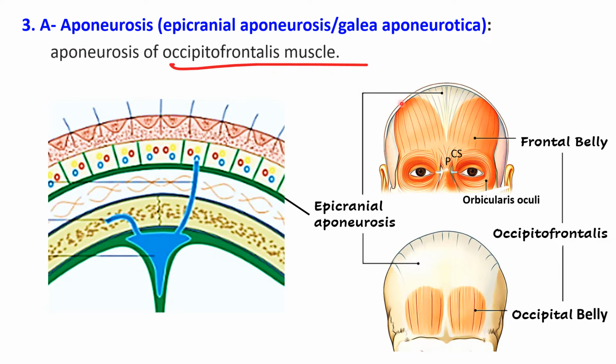This is what happens in the case of the muscle of the scalp, which is the occipitofrontalis muscle. As the name suggests, the muscle extends from the frontal region to the occipital region, right?